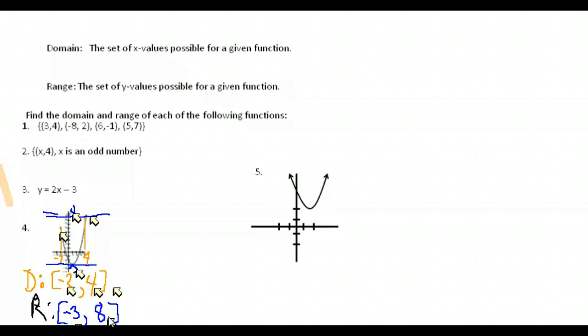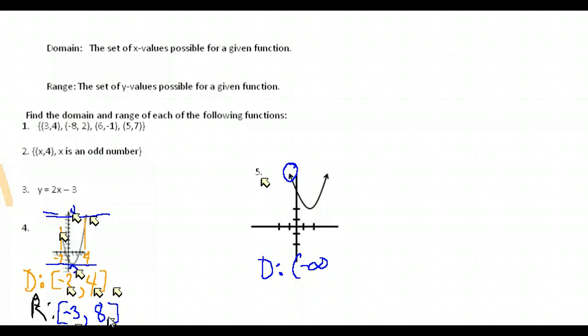And finally, here is one more example of a graph, the range and the domain. The domain is our x values, and for that last graph, we said, okay, how far do I go to the left with my furthest point to the left? But notice on the left, I have an arrow, which means this goes forever in this direction. So it's going to go to negative infinity to the left.